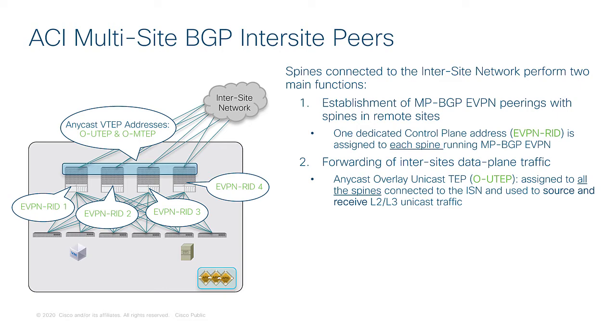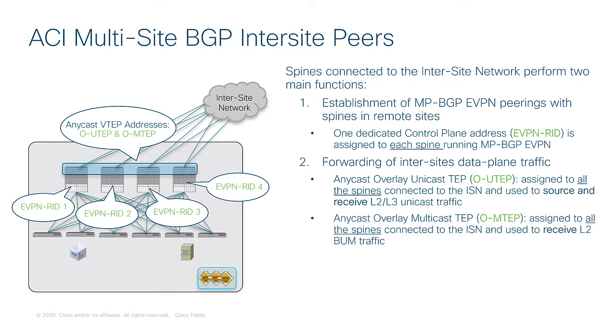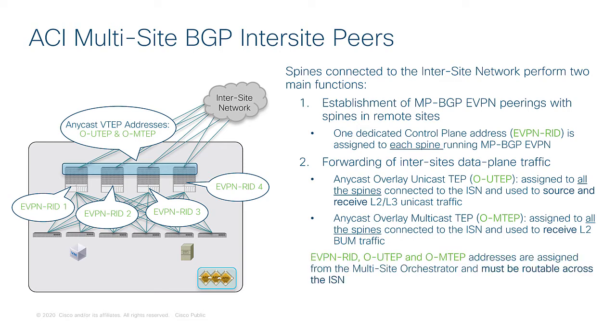And it will be, of course, used to send unicast traffic. The second TEP that again exists on all participating spines is the Anycast overlay multicast TEP, or O-M TEP. And this is a special address that will be used to send head-end replication and multicast traffic and bump traffic. It should be pointed out that all of the addresses that I highlight need to be routable across your inter-site network.